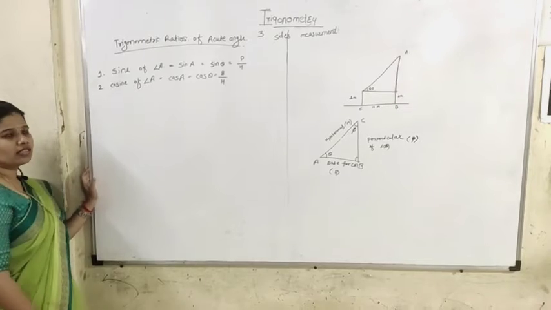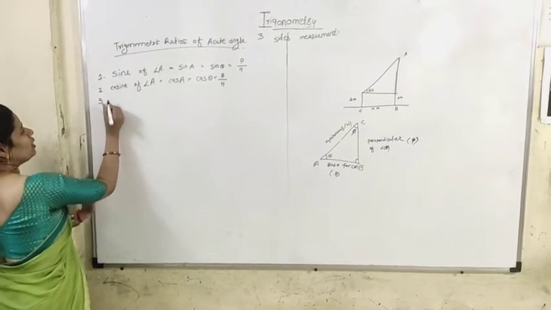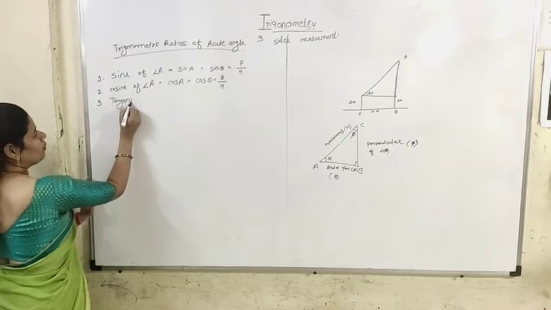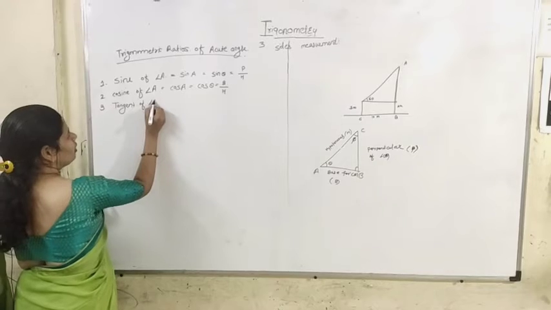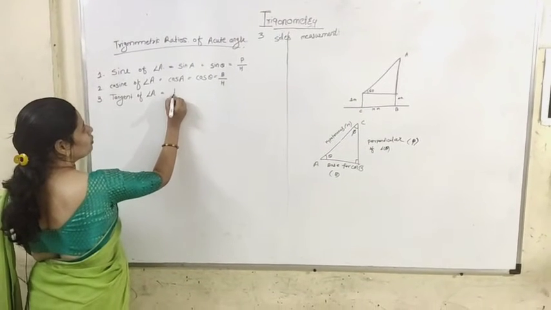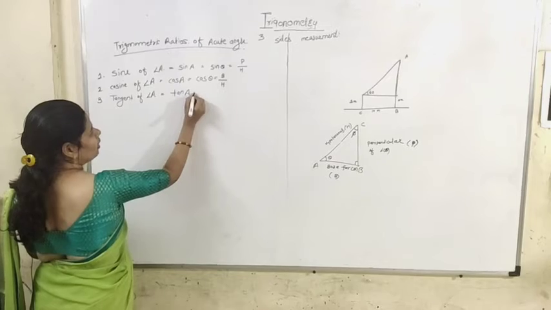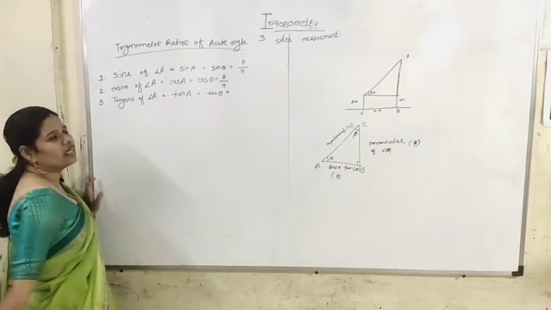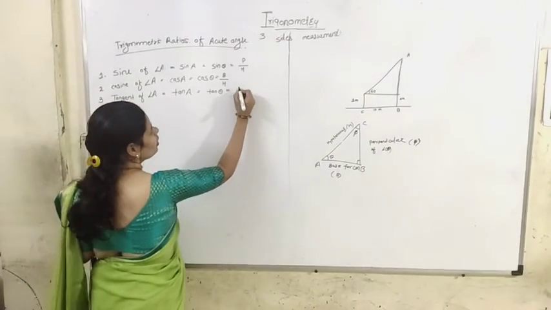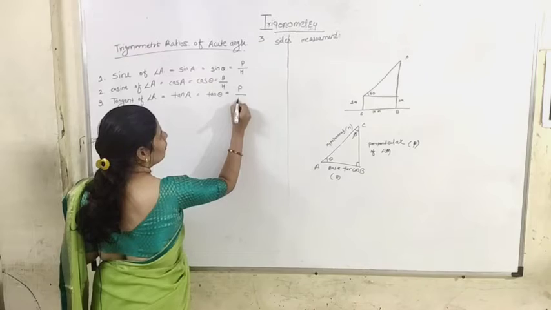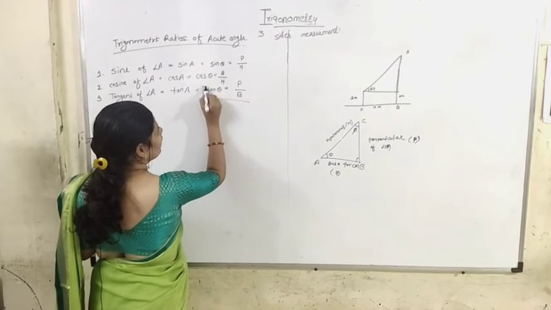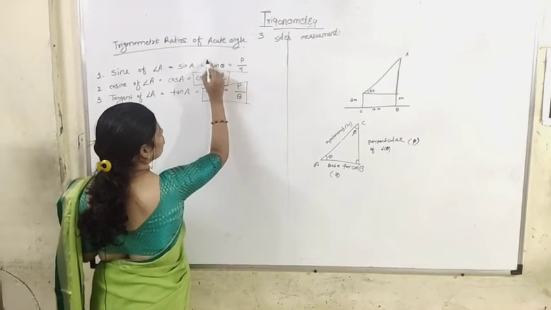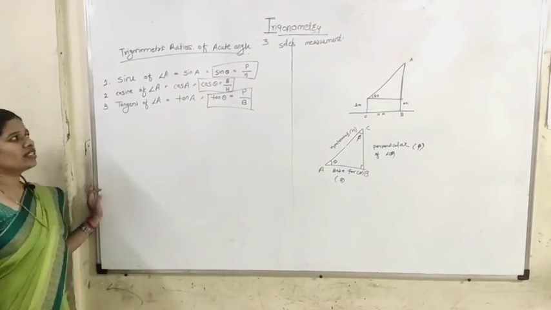Now the third trigonometric ratio is tangent of angle A, shortly we can write it as tan A, which is equal to tan theta, and tan theta is always written as perpendicular upon base. So we get three trigonometric ratios: sin, cos and tan.